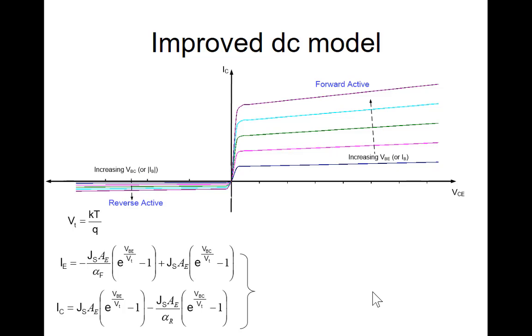So we forward bias the quote base-emitter junction here, and then we reverse bias the base-collector junction. Now, since these curves are much closer spaced, the corresponding beta of the transistor goes way down. So most of the time when we want to use this device as an amplifier, we operate in the first quadrant. But if we were to change the role of the emitter and the collector, we could still make it work like a transistor, but maybe with very horrible properties.